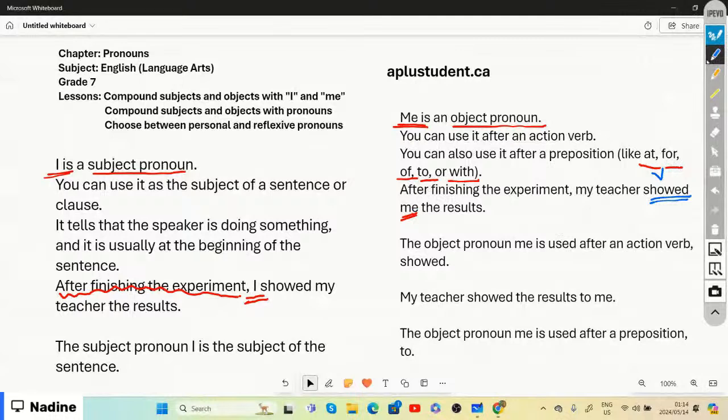If we look at the next example sentence, it says, my teacher showed the results to me. To is our preposition, so here, me comes after the preposition.